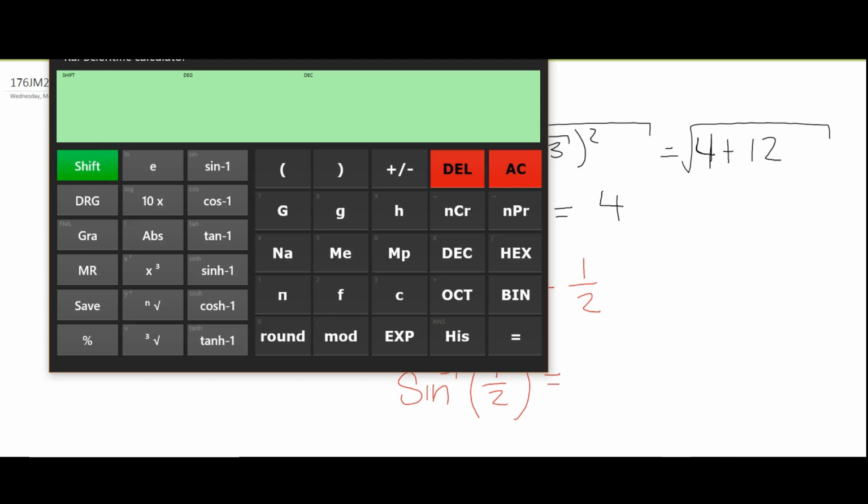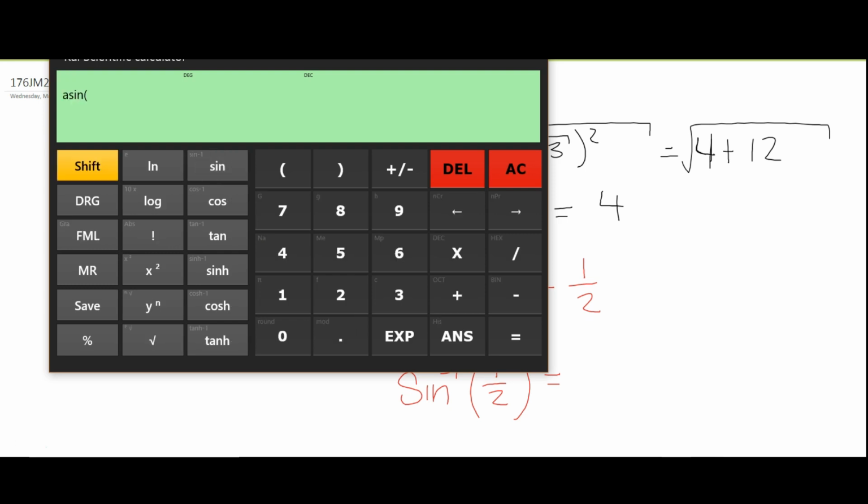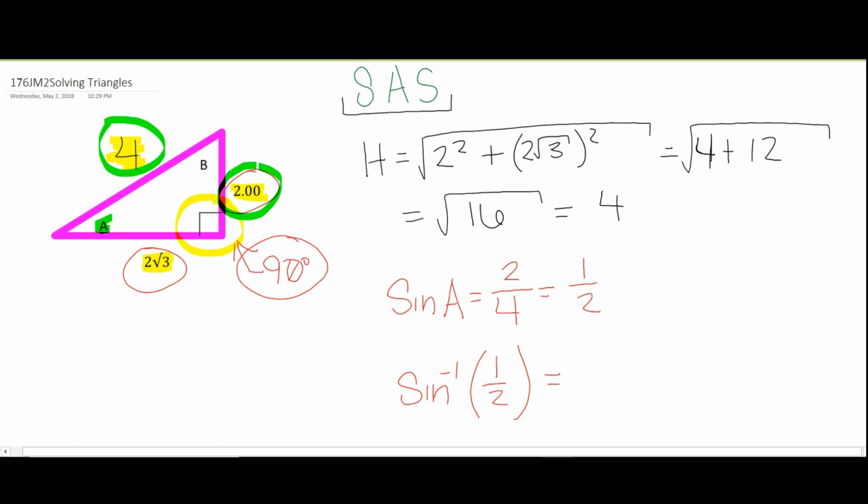So I'll press my second key and do the inverse sine of 1/2, which is 0.5. That equals 30 degrees. Great. So angle A equals 30 degrees.